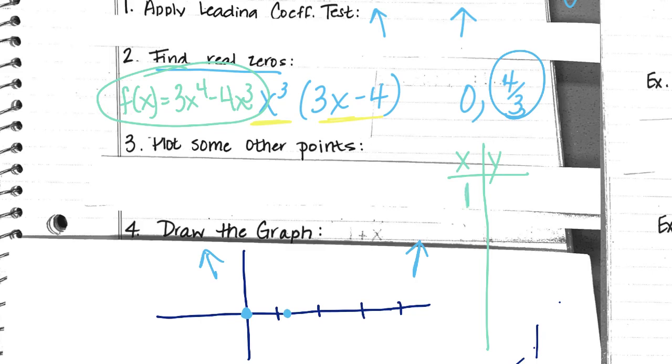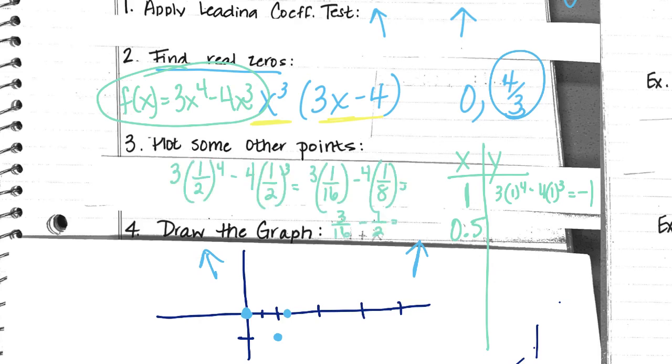If I plug in 1, 3 times 1 to the 4th power minus 4 times 1 to the 3rd power is going to be -1. So at 1, I'm also going to have -1. It'd probably be smart to graph this little halvesy to see what's happening. Not really convenient, but we could figure it out. If I had to plug in 0.5 or 1/2, could we figure that out?